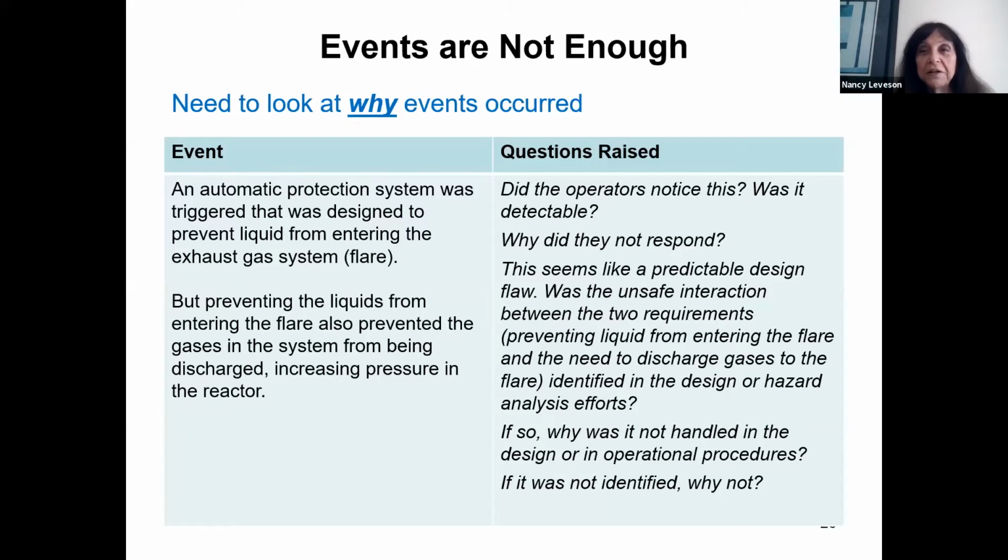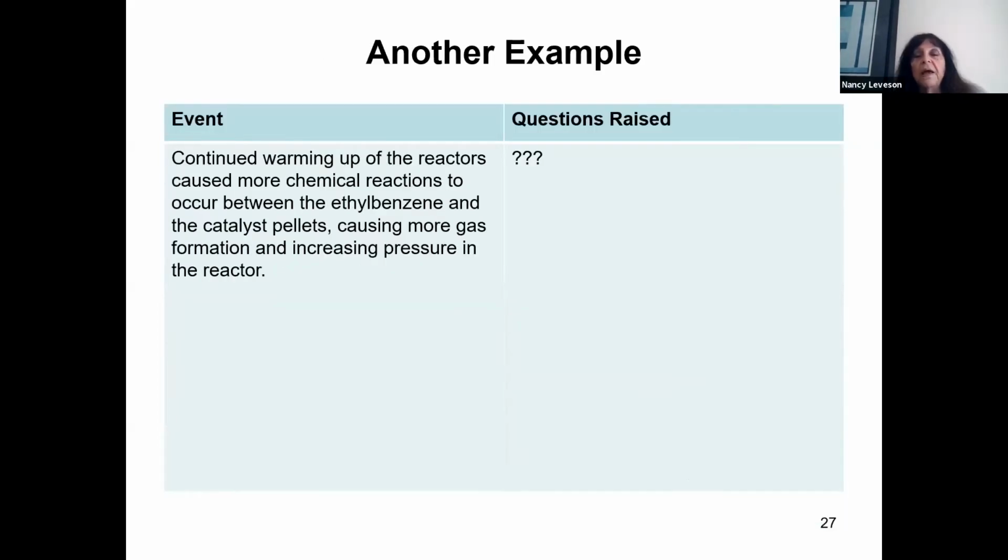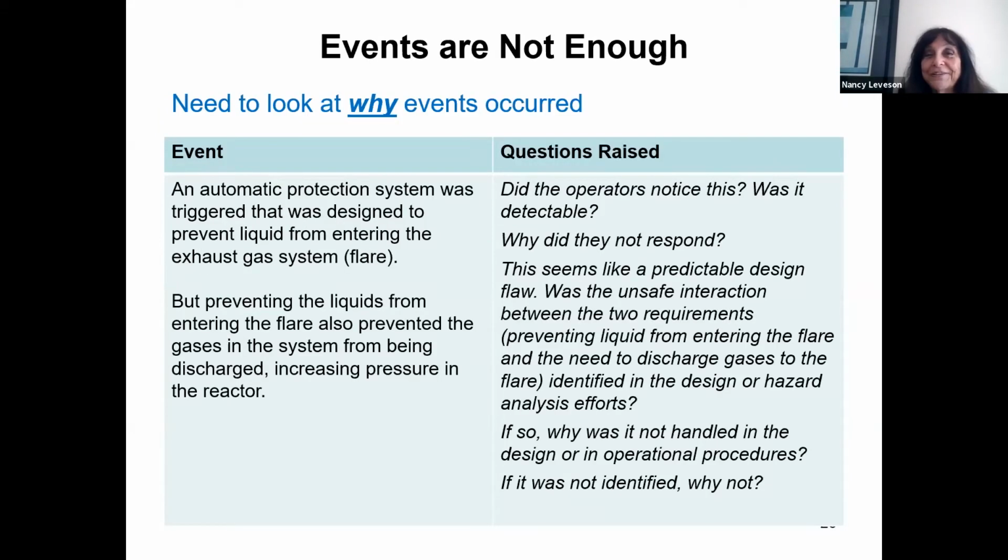If it wasn't identified, why not? Is there something inadequate or not powerful enough about the hazard analysis methods we're using that we couldn't find this? Those are all things I think we should be looking at in the accident investigation.